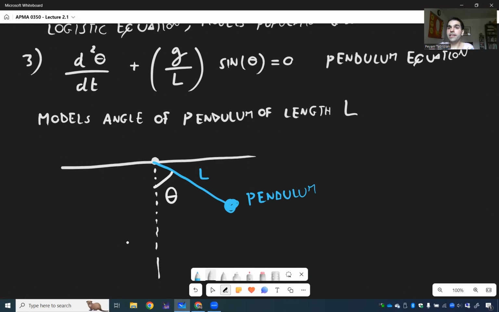But the cool thing is we can approximate it with an equation that does have a solution.